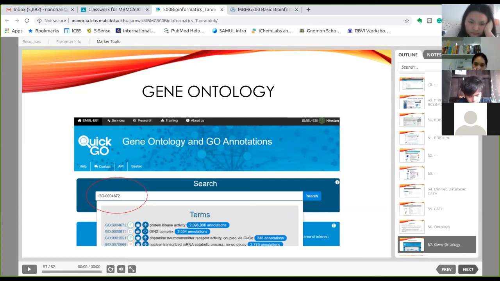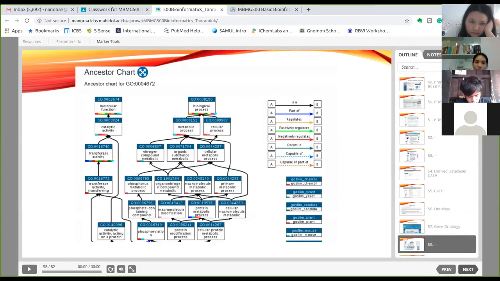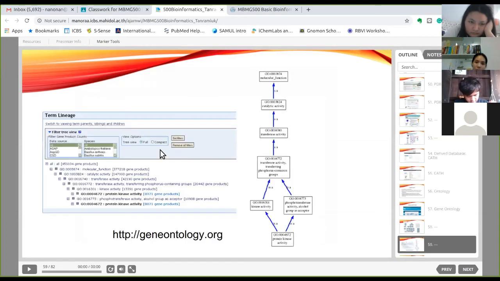The reason why this becomes useful is because ontology can have relationships among terms. So protein kinase activity is a kind of phosphotransferase, with this gene ontology ID, and has transferase activity, and then goes up with an is-a relationship to the top of molecular function.